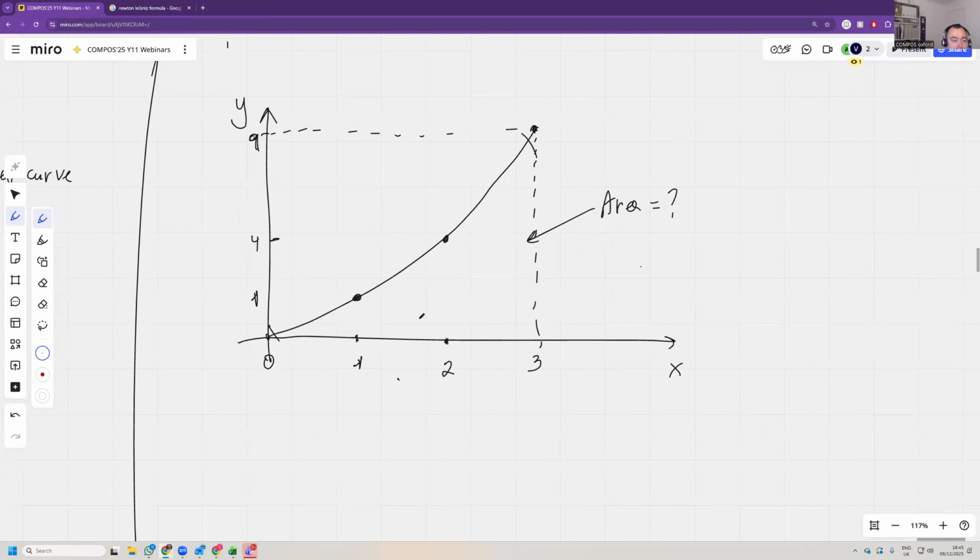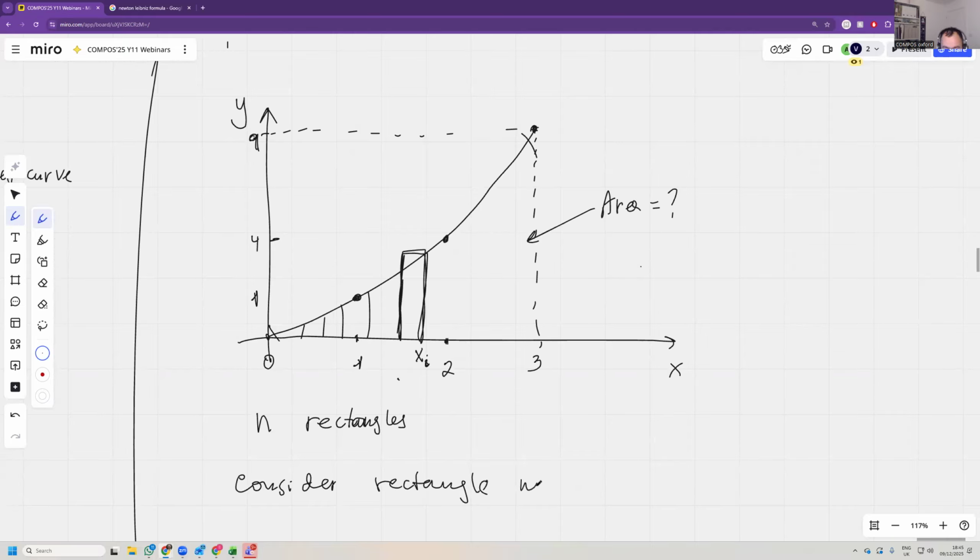And this is x. We'll call this value xi. Consider rectangle number i.